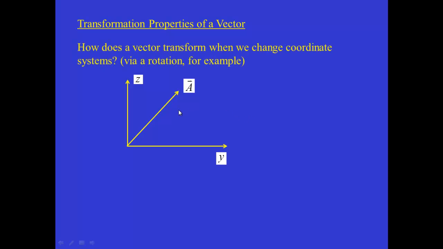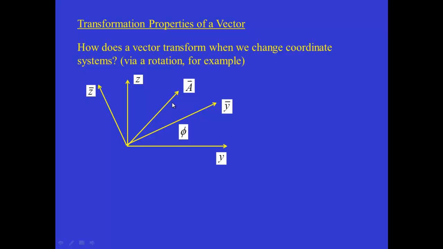If we rotate the coordinate system, the YZ coordinate system, counterclockwise about the x-axis, which is shown here in the sketch, assuming that that rotation is by an amount phi, what happens then is that y becomes y bar, and z becomes z bar.